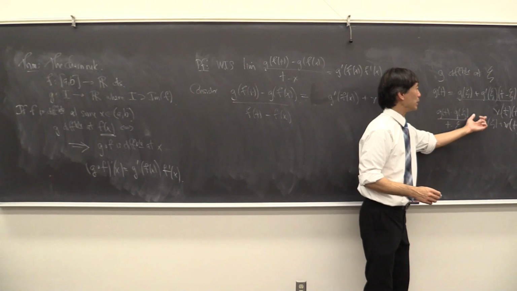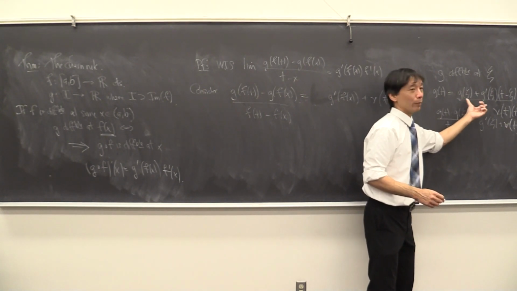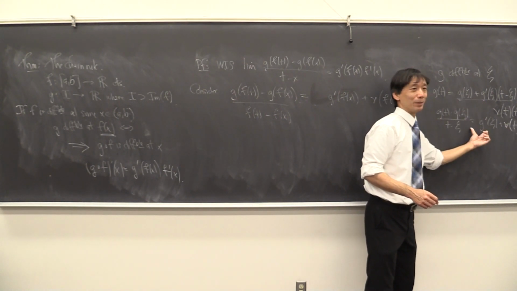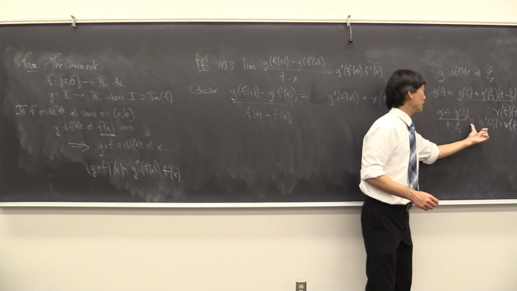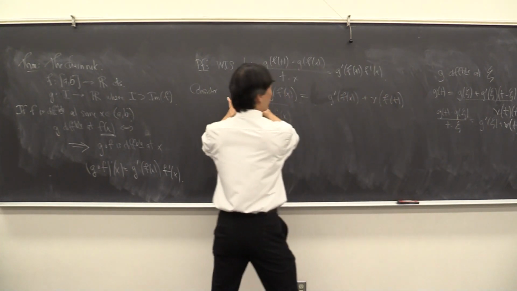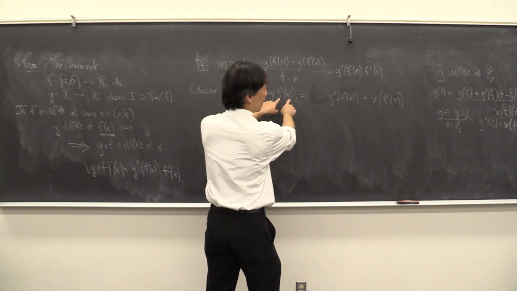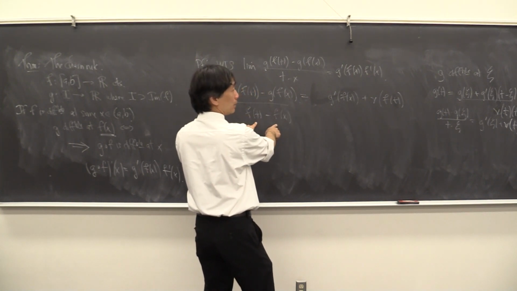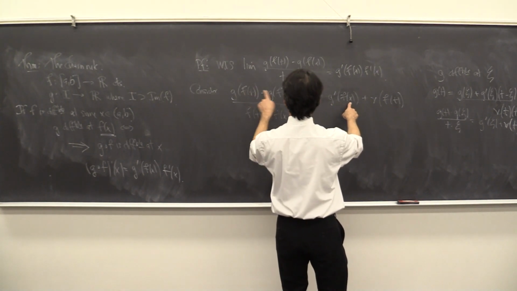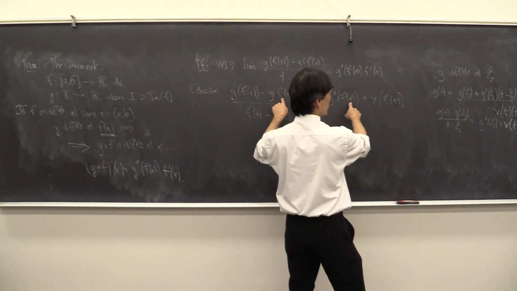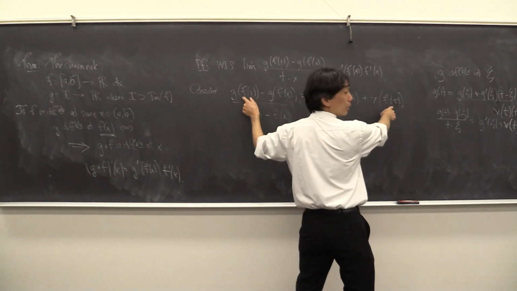Okay, so I'm just stepping backwards from where we ended up, but along the way we had this. So g of f of t minus g of f of x divided by this equals g prime at zeta plus nu at f of t.